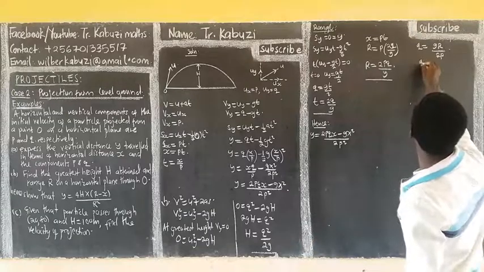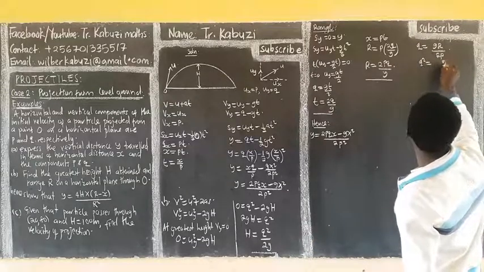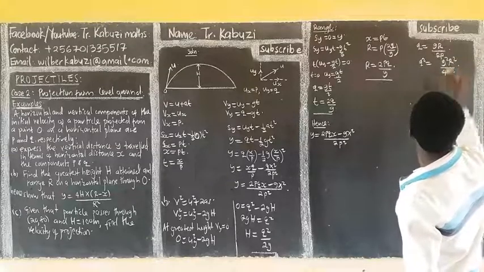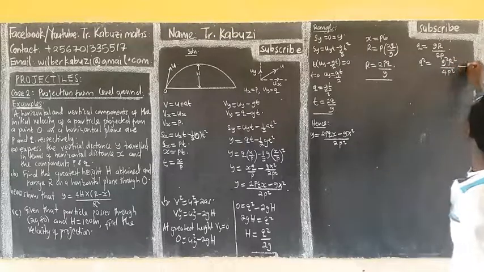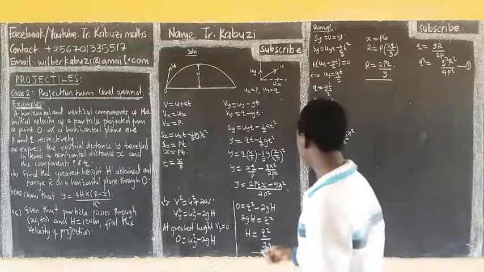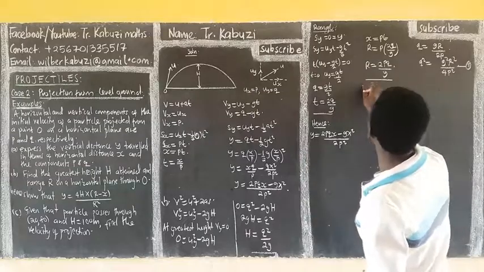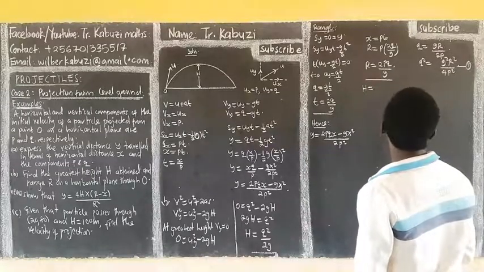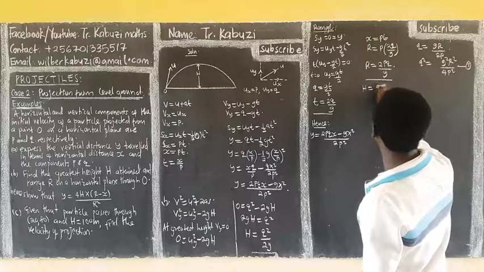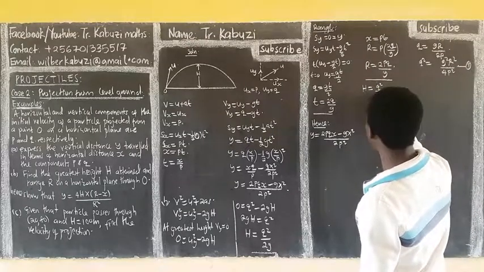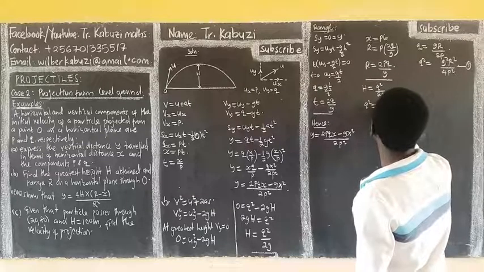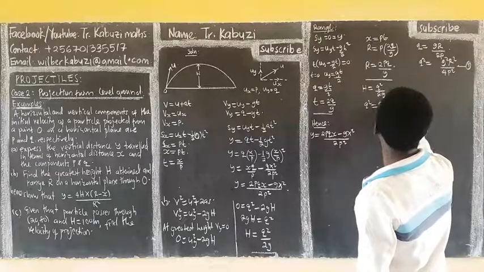So my q squared here is going to be g squared r squared over 4p squared. I call this equation 1. Then from our h, remember our h is equaling q squared over 2g. From here, my q squared is going to be 2hg. I call this equation 2.